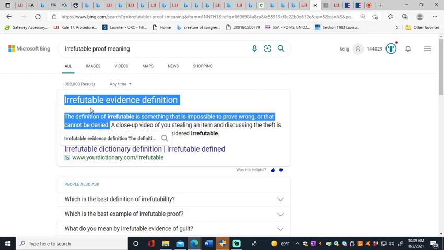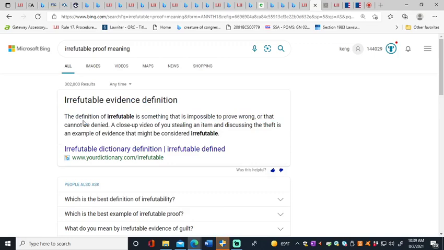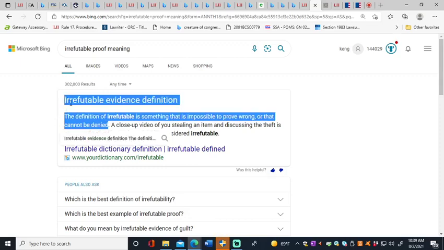We're going to talk about irrefutable evidence, right? The definition of irrefutable evidence is something that is impossible to prove wrong or cannot be denied. So when you reconstruct your affidavit between you and your mom, give her intent on how, right?